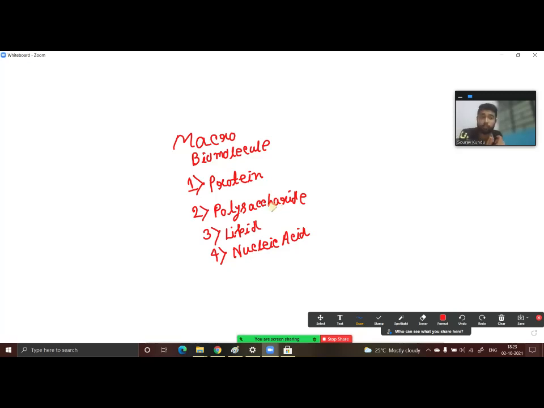We discussed that these macromolecules are polymeric substances or chain substances, and these are made up of simple monomeric units. In case of protein, the constituent micromolecules are amino acids.